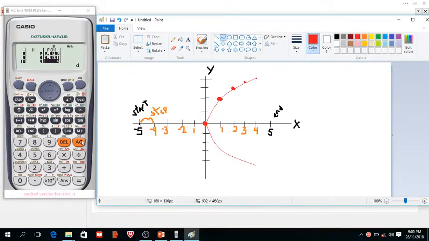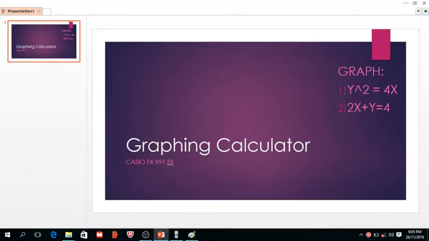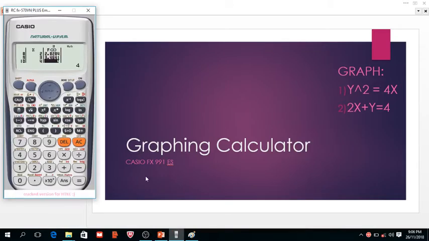Next, I want to draw this line 2x plus y equals 4. So if we transpose the variable 2x to the other side, this was easy. So we need to change this one. So this will be 4 minus 2 alpha x.